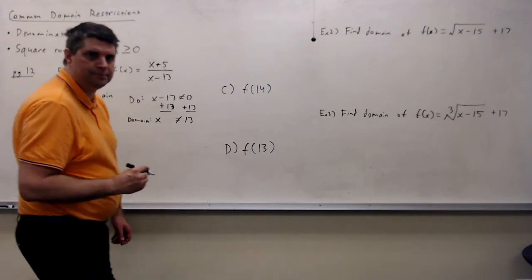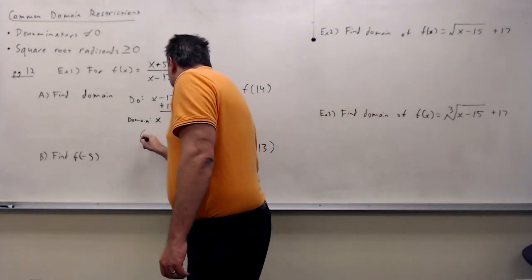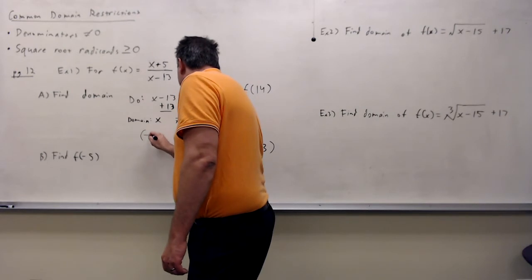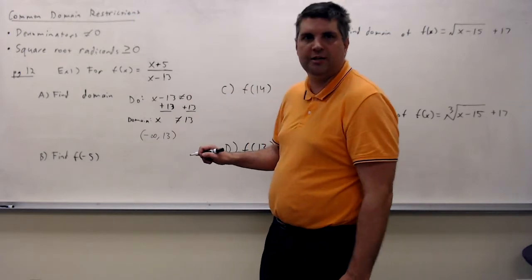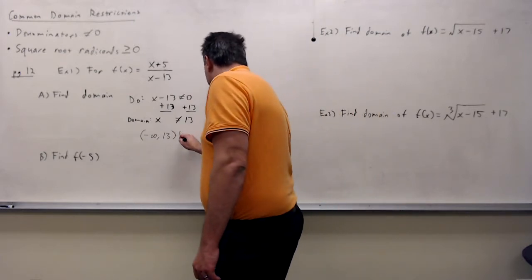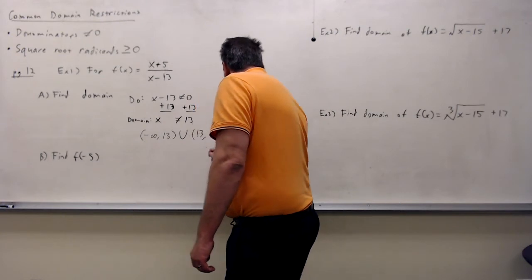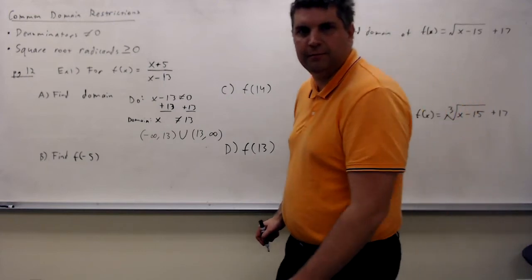Okay? In interval notation, we would have to describe everything before 13 and everything after 13. So negative infinity to 13 non-inclusive describes what's before 13, and then 13 non-inclusive to infinity includes what's after 13.